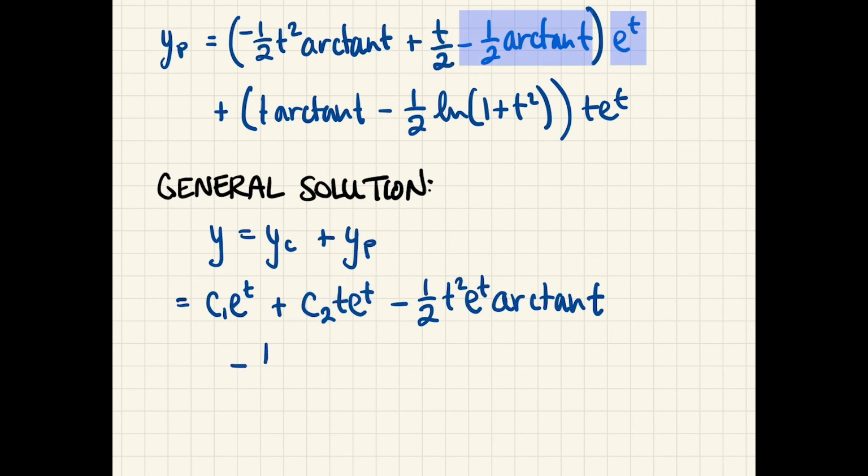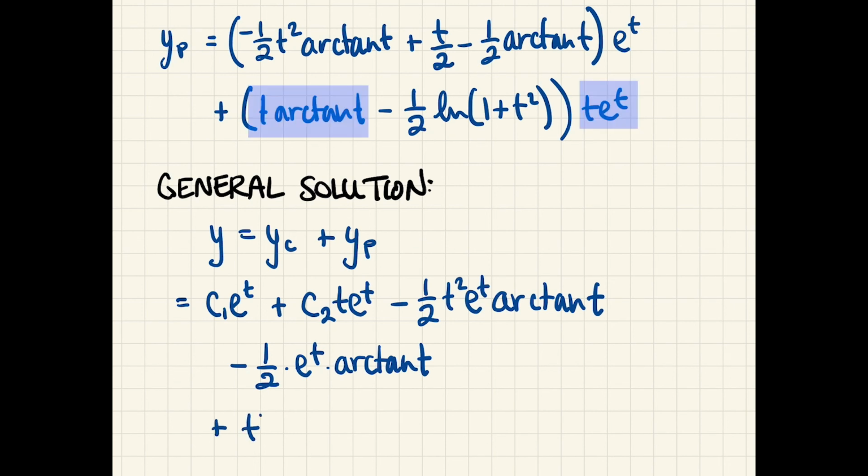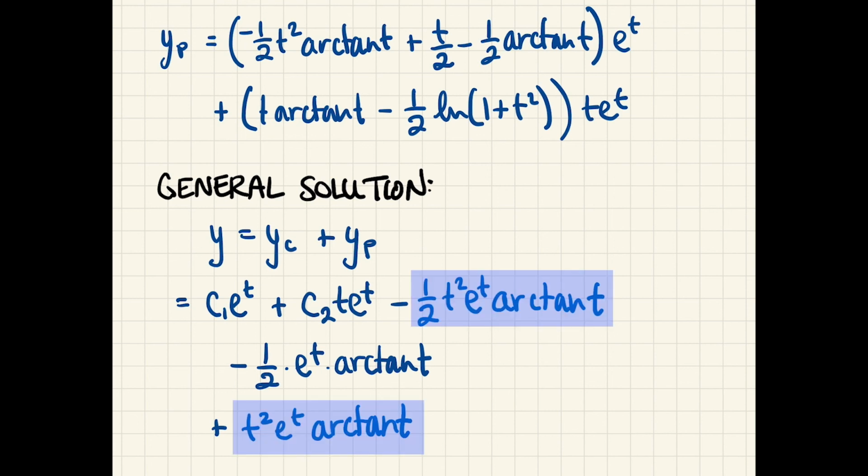Then we'll get minus 1/2 times e to the t times arctan of t, then plus t squared e to the t arctan of t. Oh, wow, that's the same term as this one up here. So why don't we just combine those right now?